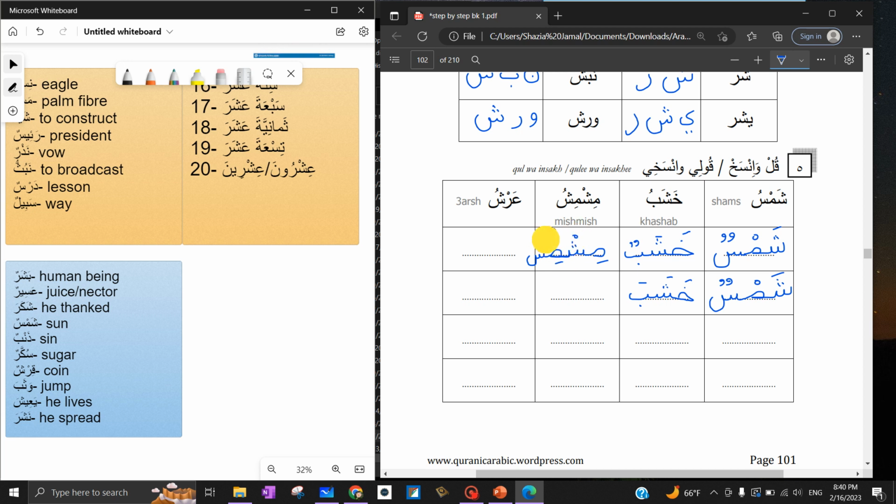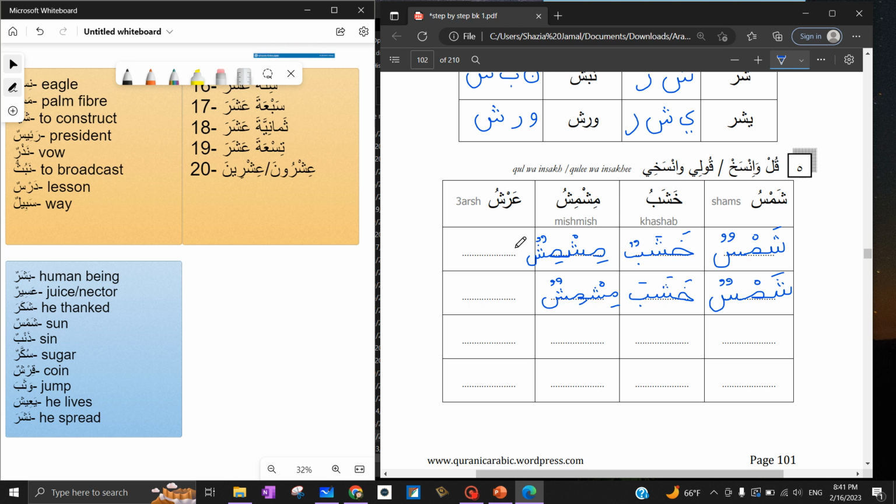Mishmishun. Mishmish is the apricot, I think, yes. So I will write it again. Meme, sheen. Again make it a little longer. Go back, go up and down and make the W of sheen. Mishmishun.